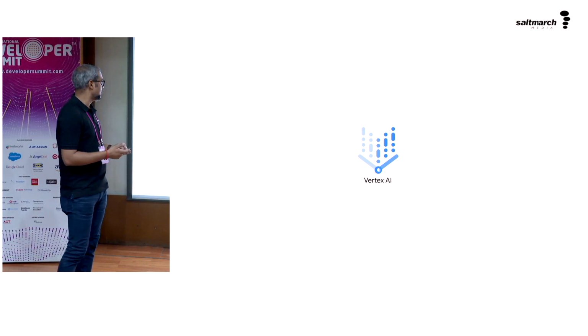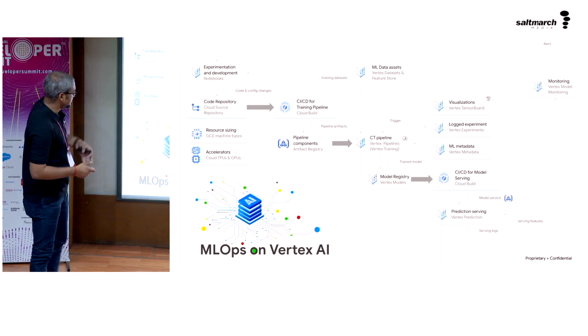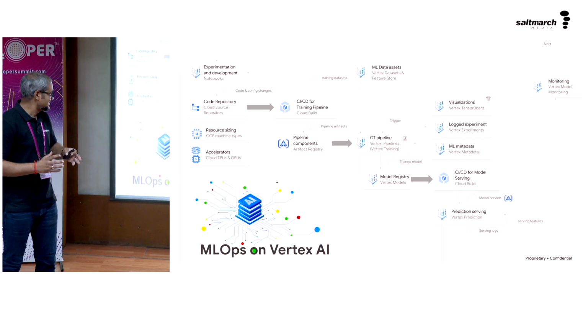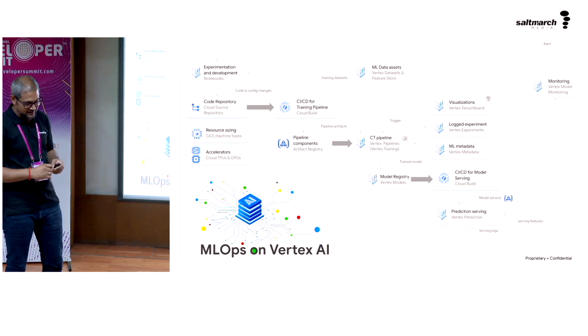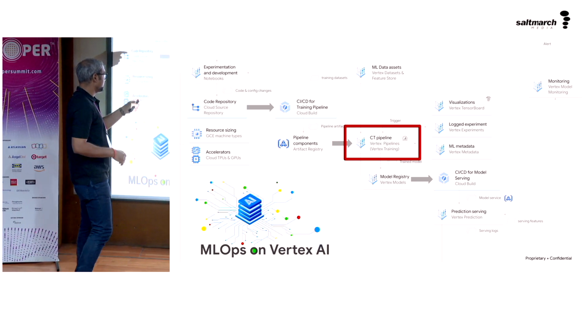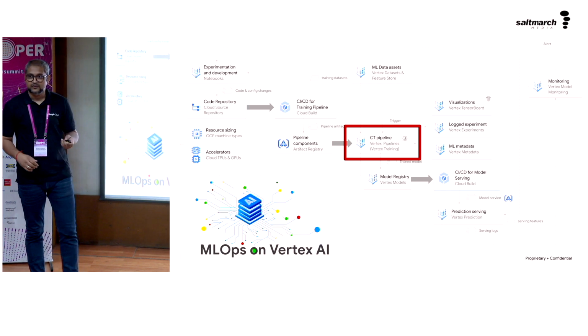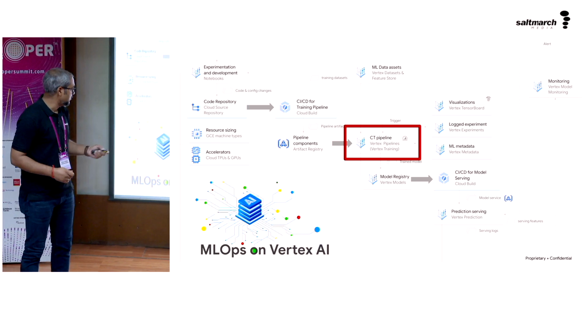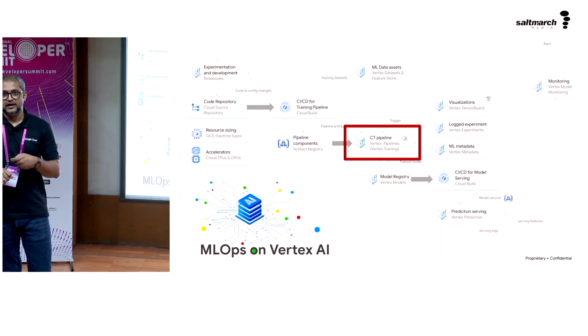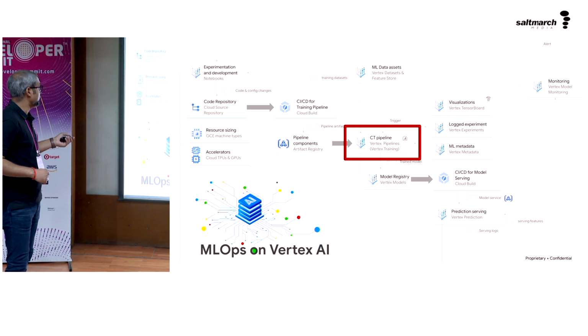What is the Vertex AI pipeline? So this is how the complete spectrum looks like on MLOps and Vertex AI. Don't get scared. Obviously, there are a lot of elements here, but the primary focus of this session on portability is around the pipelines. How this pipeline can be created, and all the elements that we are seeing can be used on, or are equivalent to, any other cloud provider.